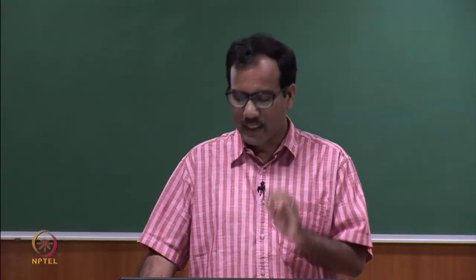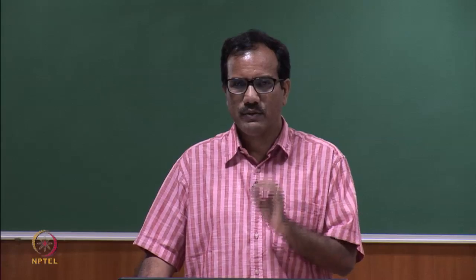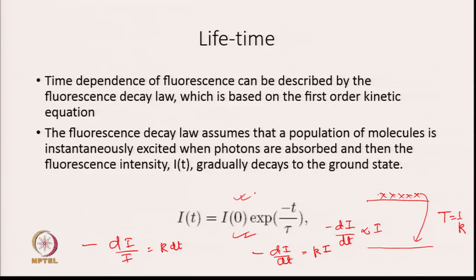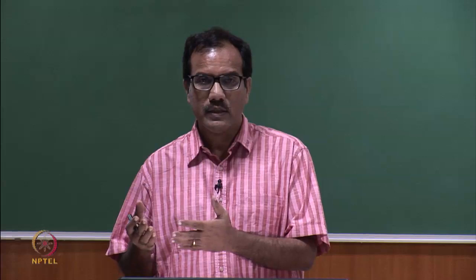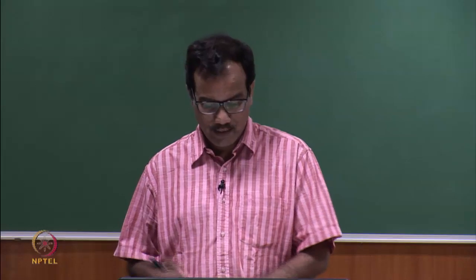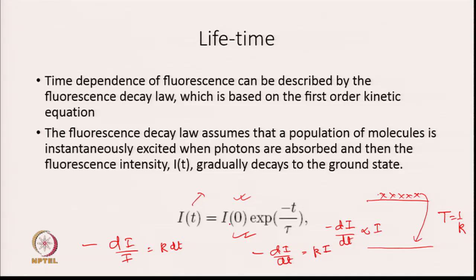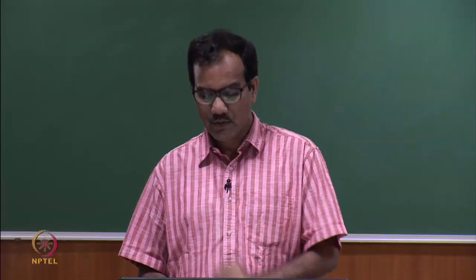So, we can simply write minus dI/dt is proportional to I. When you do that, what you get is this equation, and this is the intensity at time t, which is proportional to the number of fluorophores in the excited state at time t, and I naught is the number of excited state fluorophores when time is equal to 0.